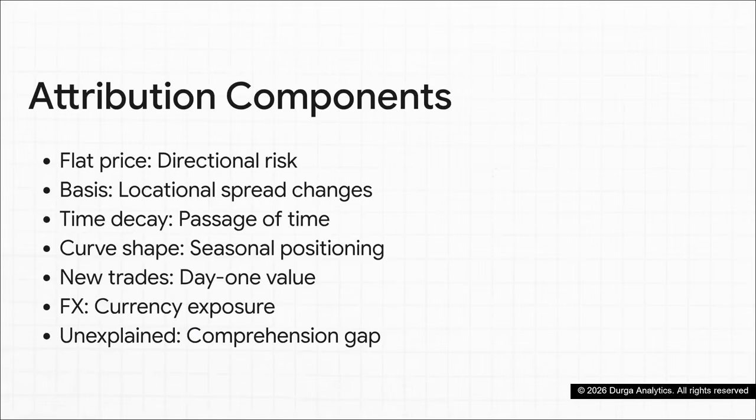Basis is where a basis desk actually earns its keep, tracking locational spreads. Curve shape? That tracks whether your seasonal storage positioning is actually working out. We also isolate time decay, FX exposures, and new trades. When you break your P&L down like this, you can see exactly what generated your returns, what risks you took to get them, and what remains an absolute total mystery.